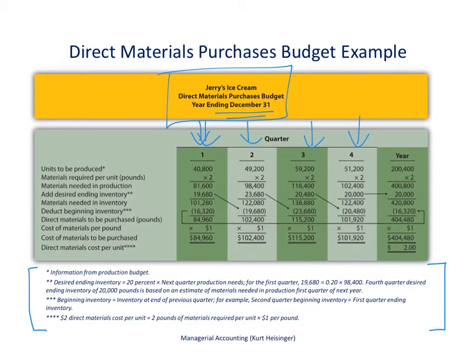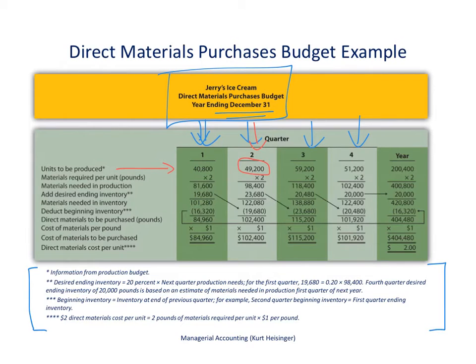I'm going to start by looking at the second quarter. We're going to start this first line with the units that need to be produced. And again, that comes from the production budget. So for the second quarter, we determined in a separate video that we need to produce 49,200 units. What we're trying to get at here is, what do we need in the way of materials to make that happen?